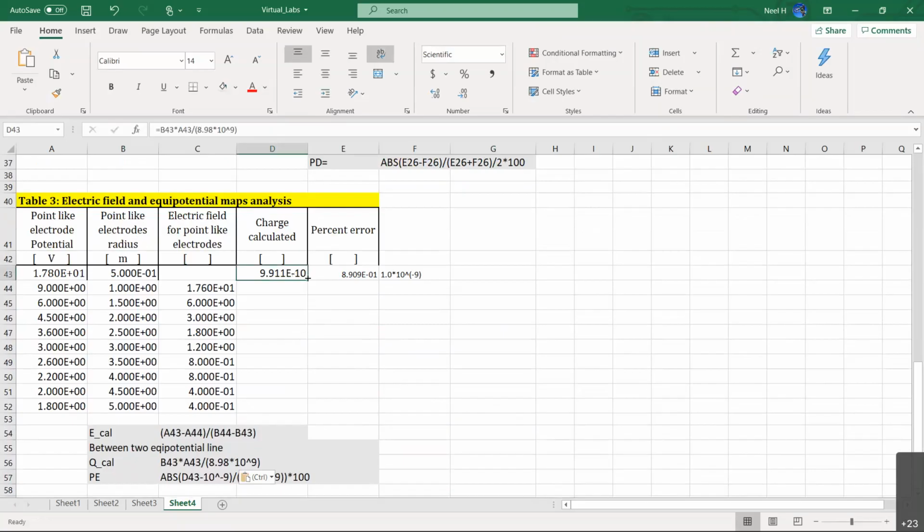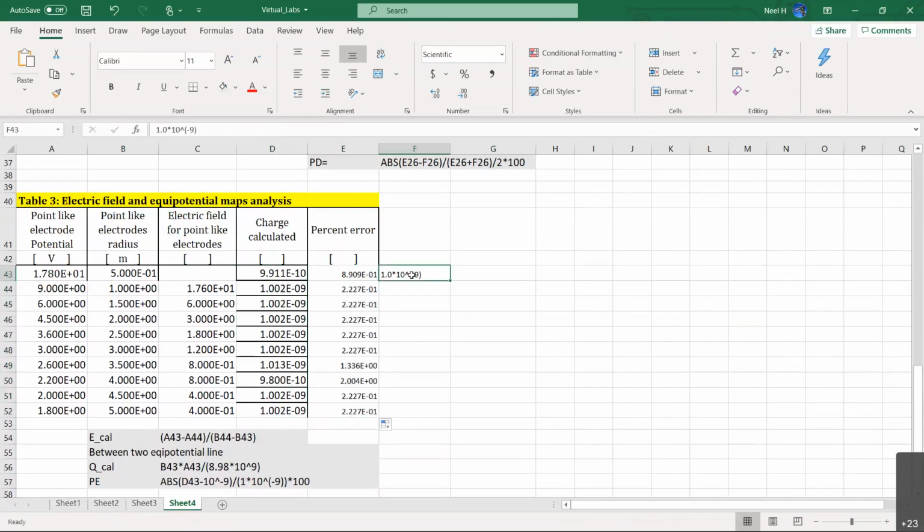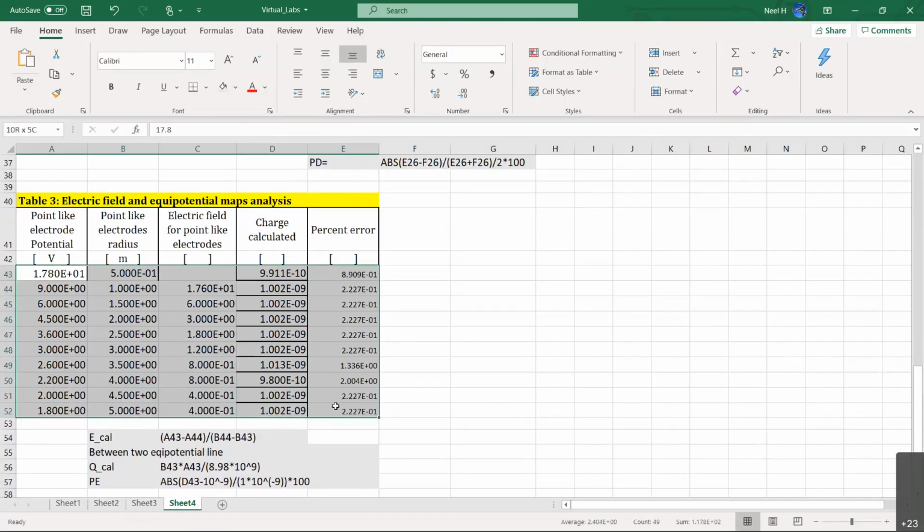Now to calculate the charges as we go on with the different equipotential lines, click and drag and calculate the percentage error, click and drag. You can see that's why using Excel is very easy, right? If you do it once, the rest will do the calculation for you automatically, right?